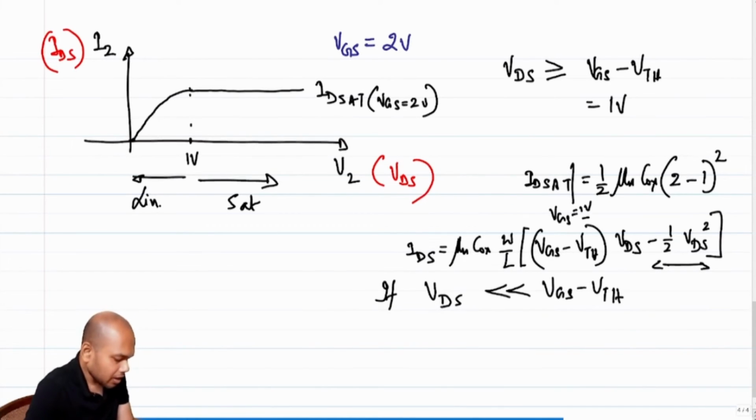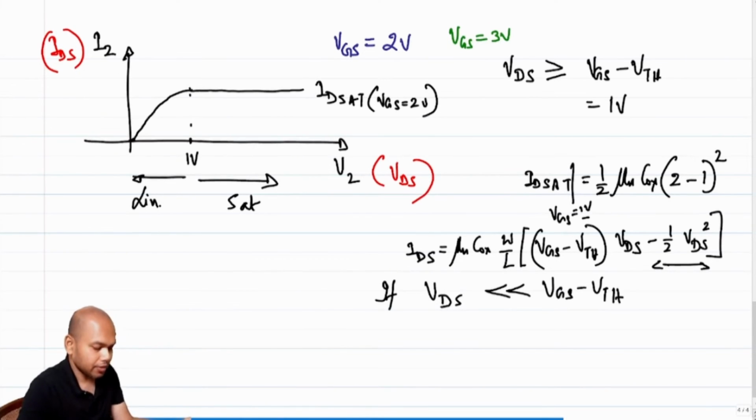What's going to happen now if I change the value of VGS? Let's say I go from VGS equal to 2 volt to VGS equal to 3 volt. What's going to happen to ID sat? Clearly, ID sat will increase, and by how much?